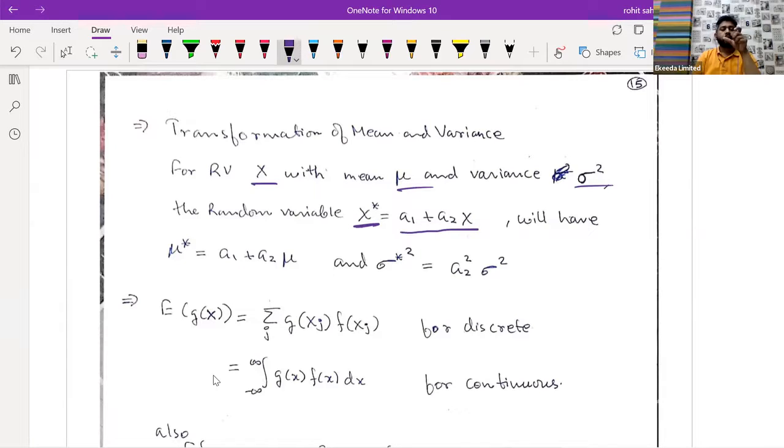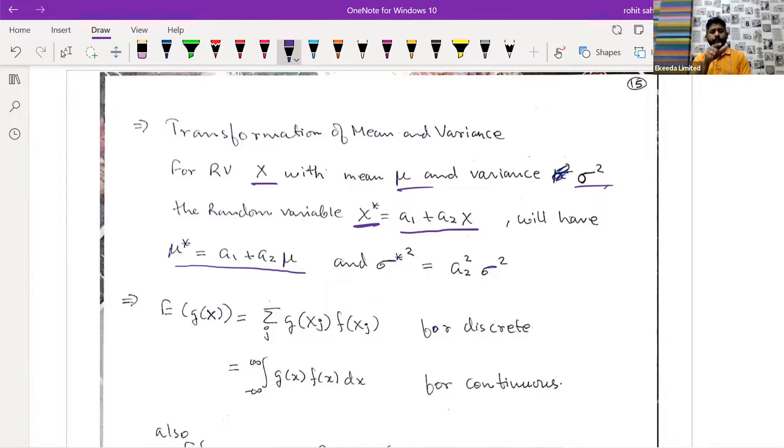So with this, if you have a new variable, that new variable should have a new mean which can directly be said to be a1 plus a2 times mu. ये बिल्कुल relatable है. अगर आपने अपने सारे values में 5 से multiply कर दिया, तो ultimately आपका जो नया mean होता है वो भी 5 times ही निकलेगा.